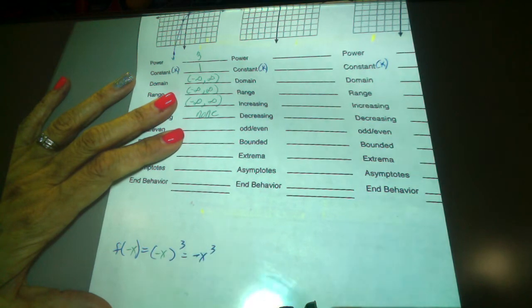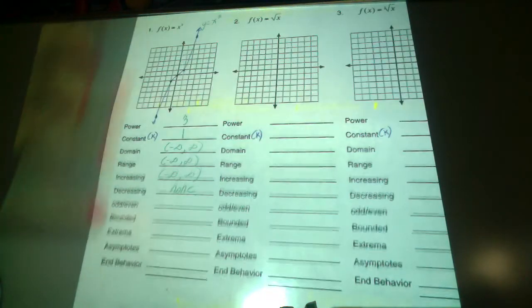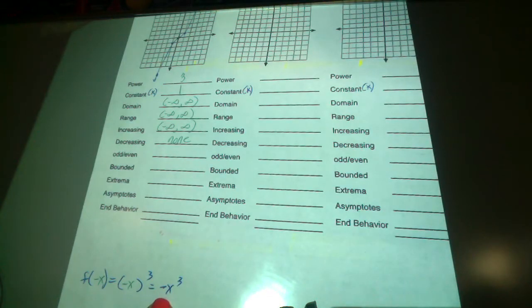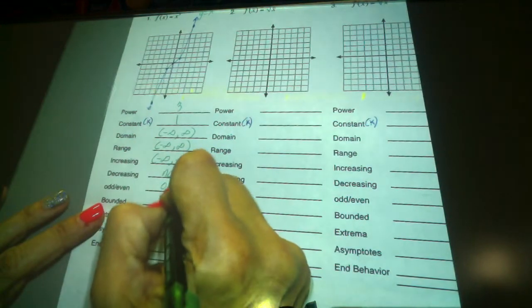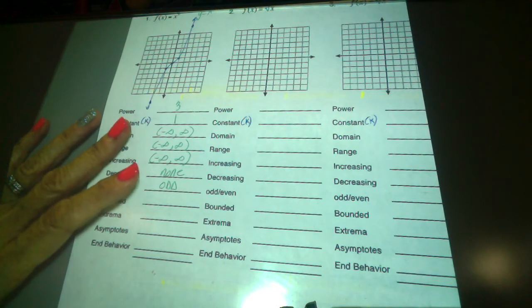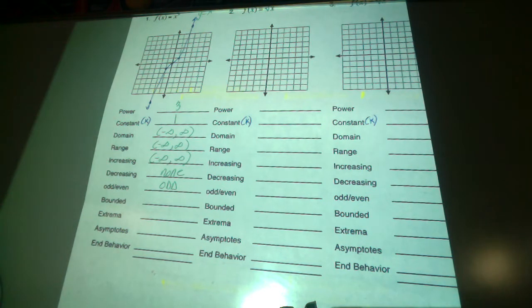Negative x cubed. So I get a negative x cubed, I started with a positive x cubed. Didn't all signs change? There's only one term. If all signs change, what is it? It is odd. If no signs change, it's even. If you can't make a sign change one way or another, which we'll see here in a minute how that occurs, then it'd be neither.